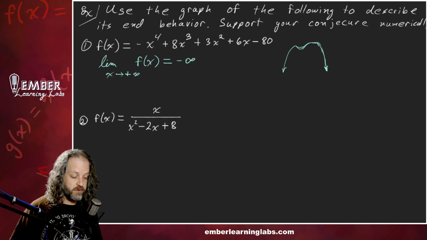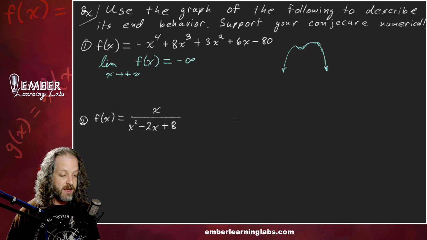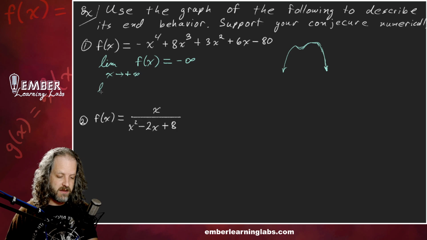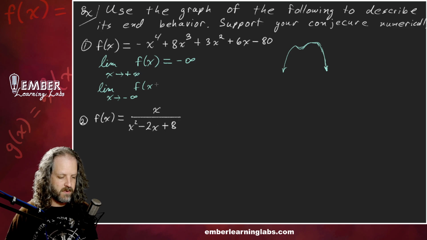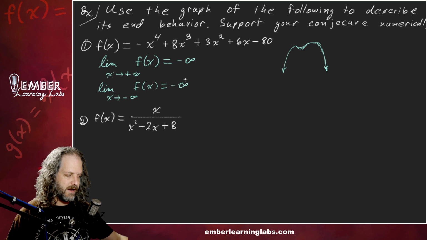So that's what it's approaching, right? It's getting closer and closer to negative infinity, going down. And then the limit as x approaches negative infinity of f of x is also negative infinity on this particular graph.